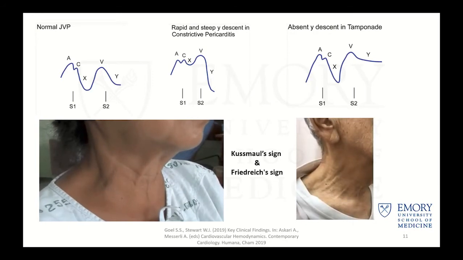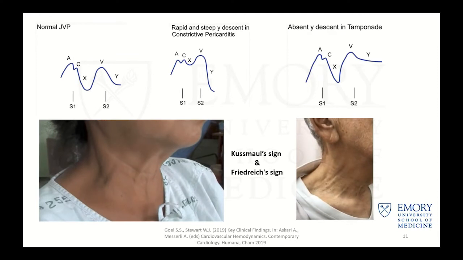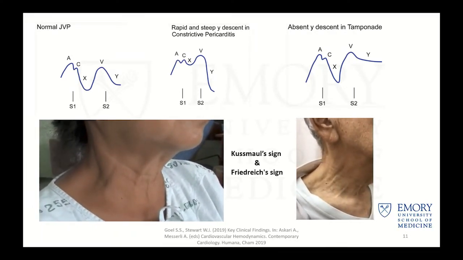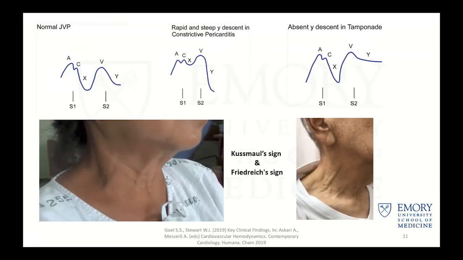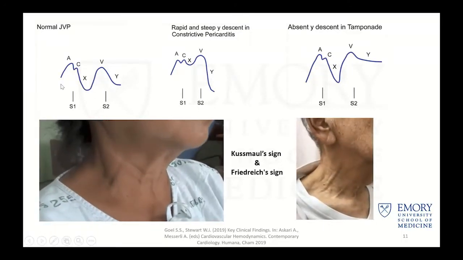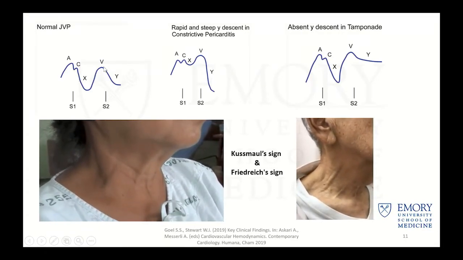Now, here I have two patients with constrictive pericarditis, and on the top I put right atrial tracings for comparison. On the left side, you see the normal tracing. So this atrial contraction, relaxation, and atrial filling and emptying.